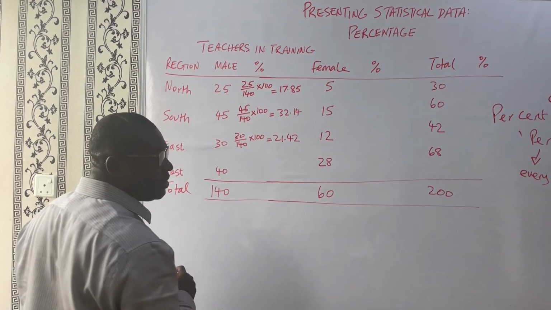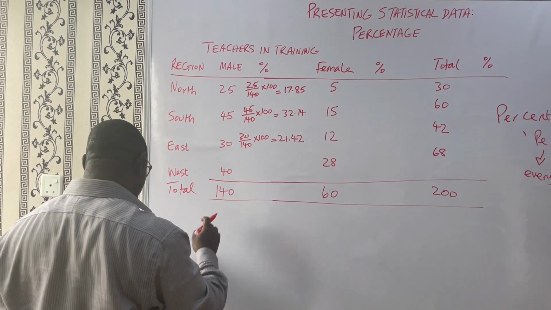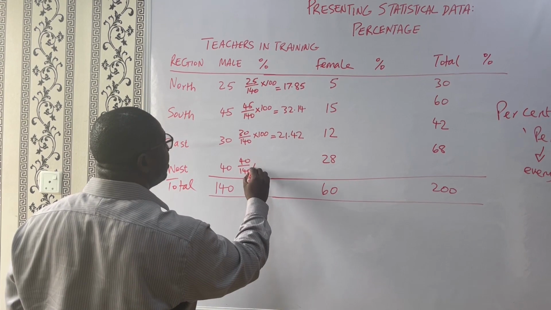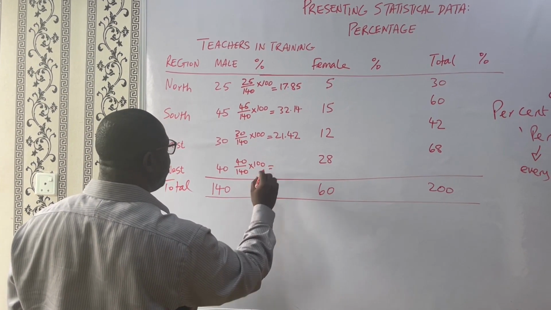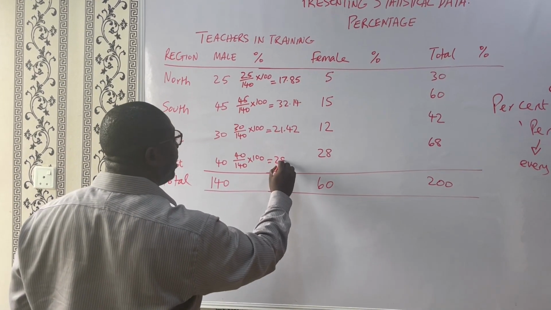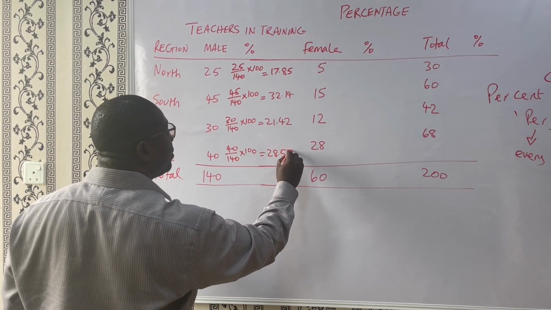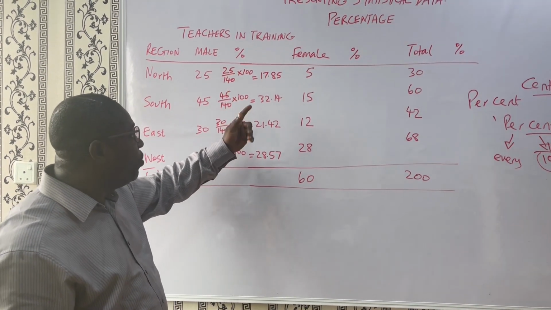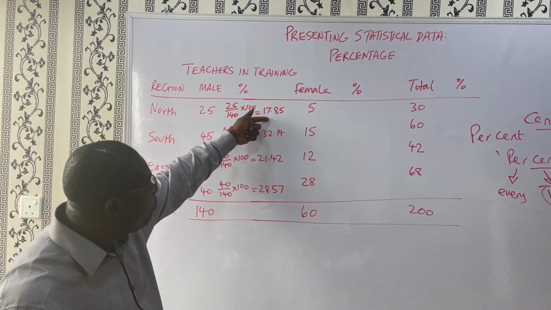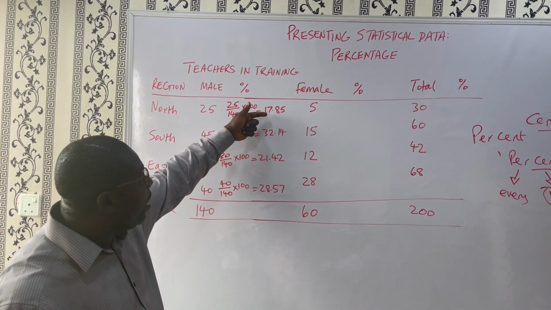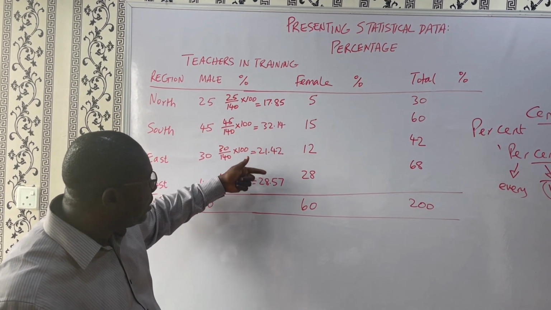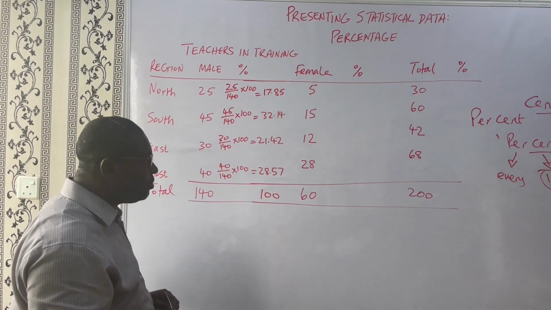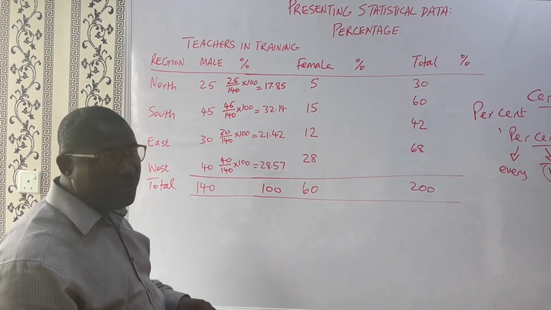Then last but not the least, we have 40 divided by 140 times 100. That will give us 28.57%. Now, from what you will do at home, you realize that if you sum these percentages, it should give you 100%.